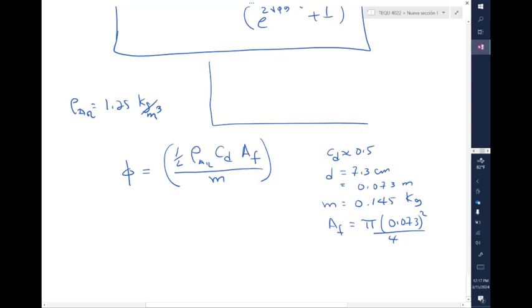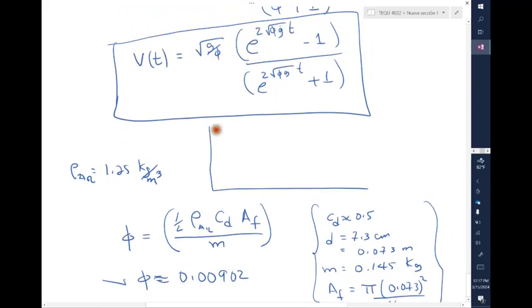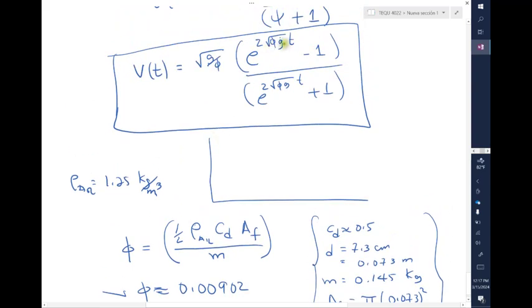And if I remember calculating that before, it was about 0.00902, something like that. It has units, but I don't care at this point. But that's a value based on these parameters, and now it would be straightforward because you know that parameter, you know g, and now you can get your plot of, in this case, time versus velocity.